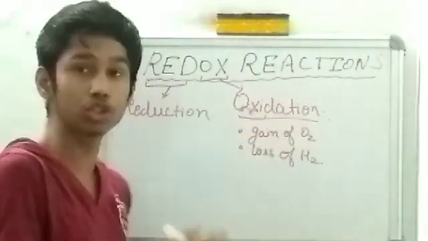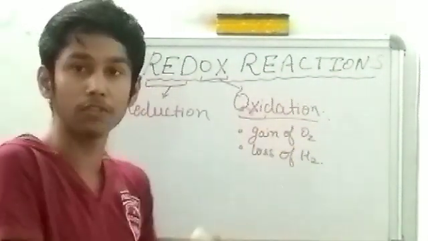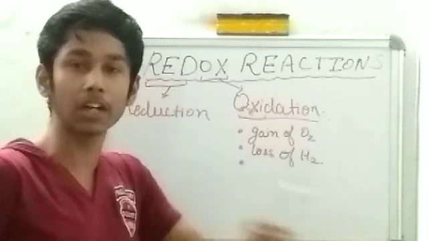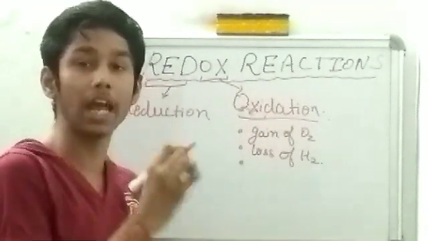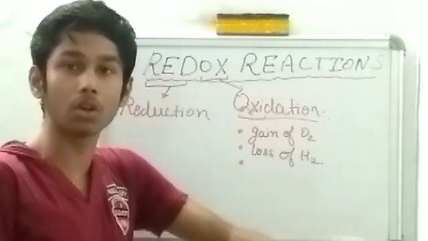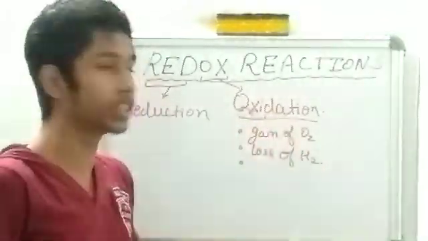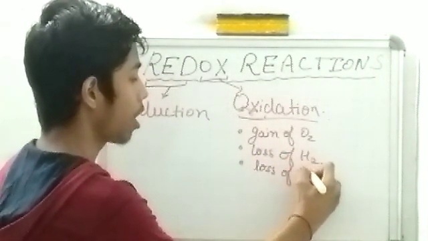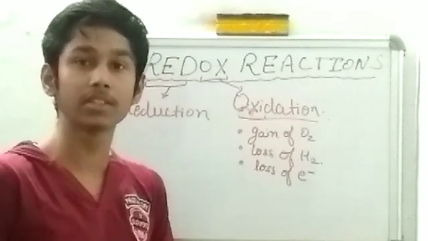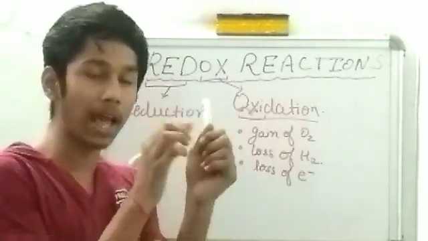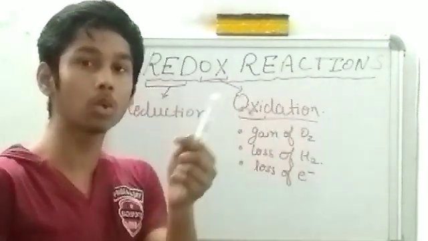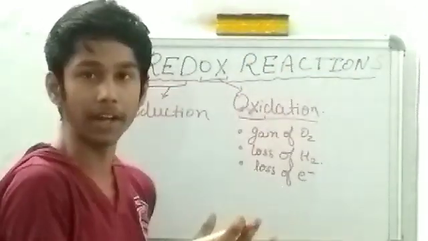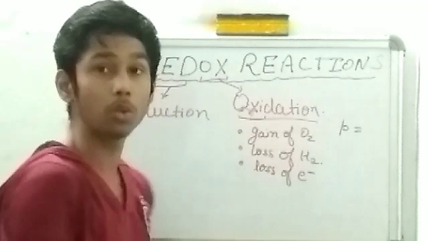Now, oxidation has two more definitions, apart from gain of oxygen and loss of hydrogen. The first is loss of electron. When an element or a molecule loses an electron, it is also called oxidation. Loss of electron means positive charge, because in a stable element the number of protons is equal to the number of electrons.